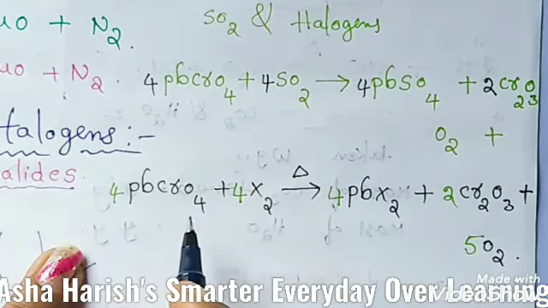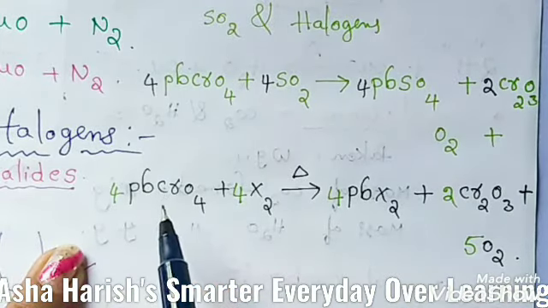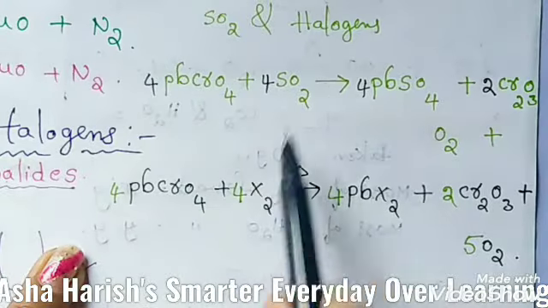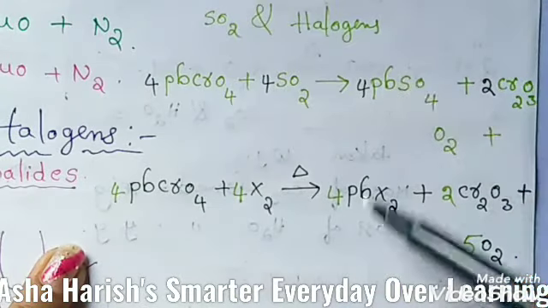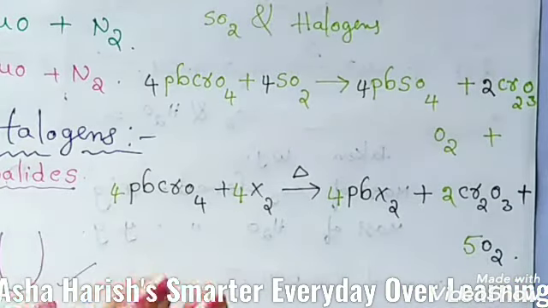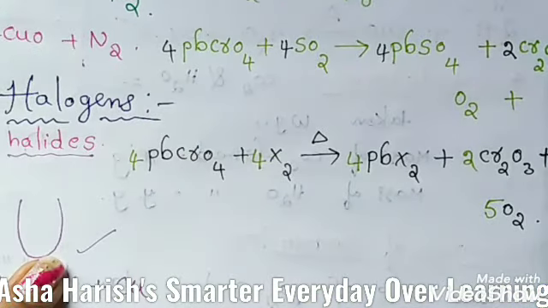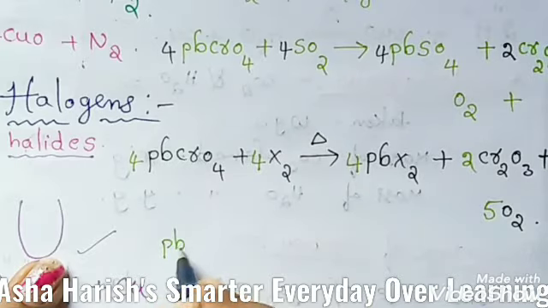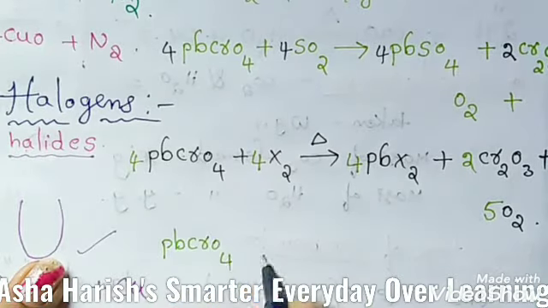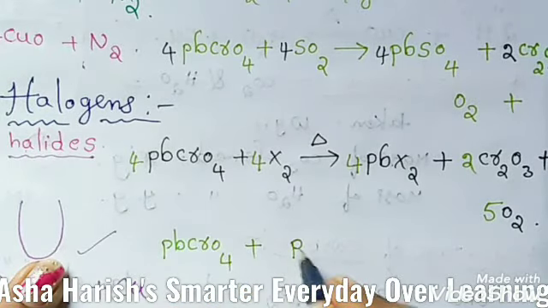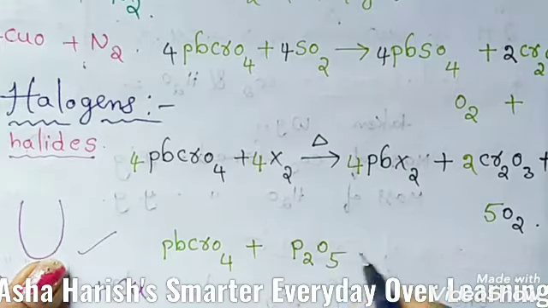Okay, besides sulfur and halogens, PbCrO4 is also useful for phosphorus containing compounds. This is because oxides of phosphorus produced during combustion also react with lead chromate to form non-volatile lead phosphate. Let's see the equation for this also. Suppose PbCrO4 is reacting with P2O5.